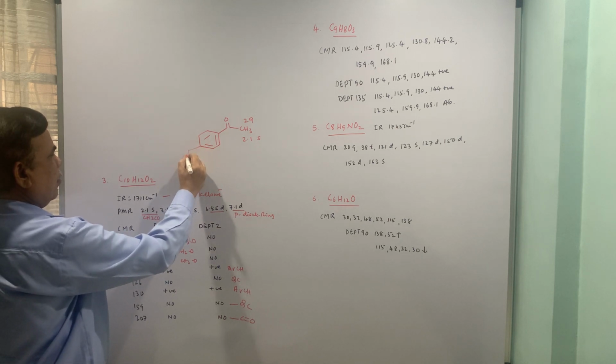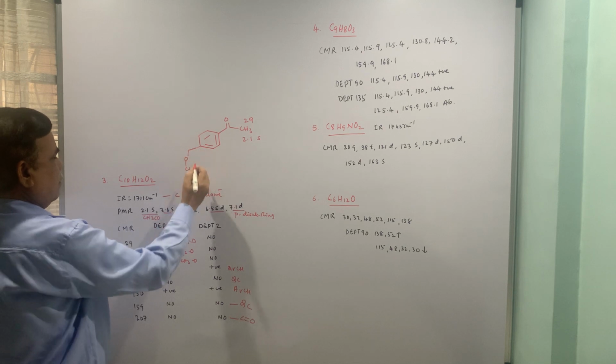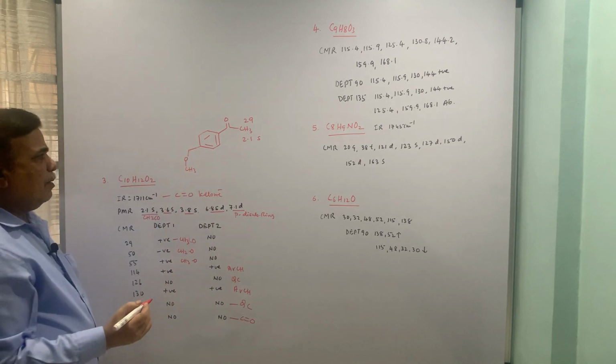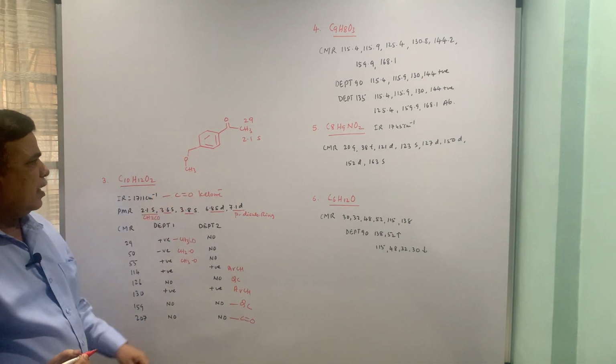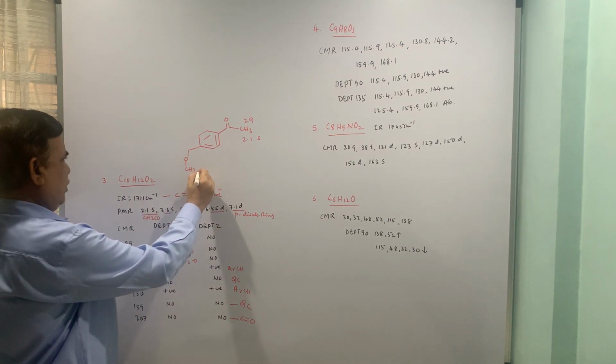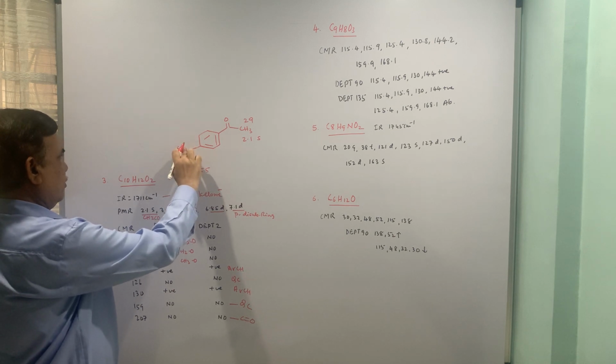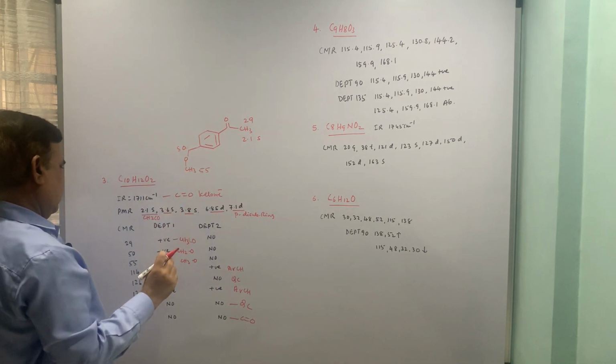Then now both methylene and methyl have oxygen as their neighbor, so that's why this is 55, this is 50, something 50 is given in this case.